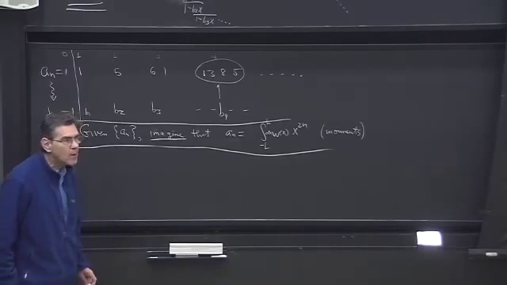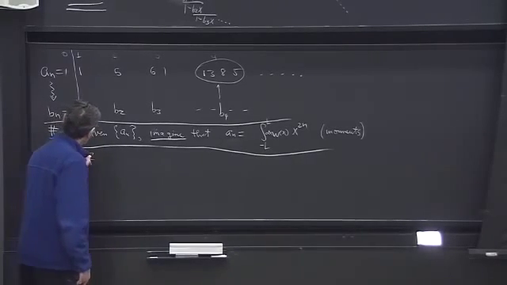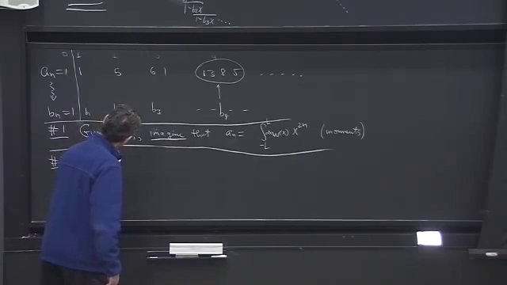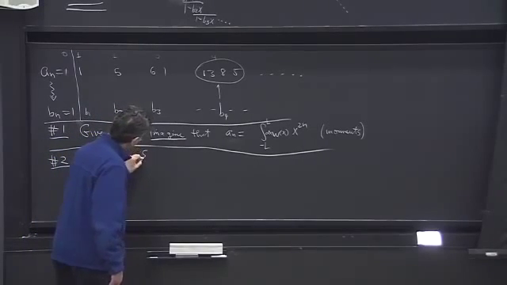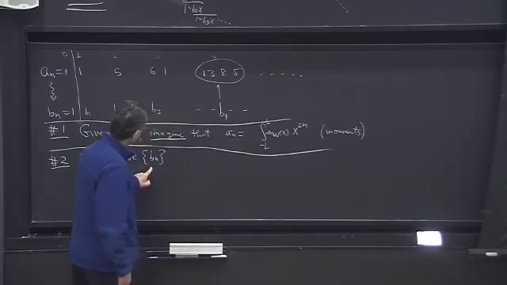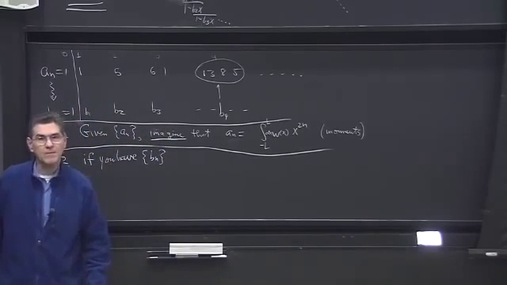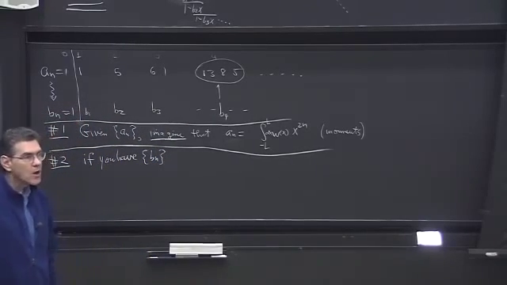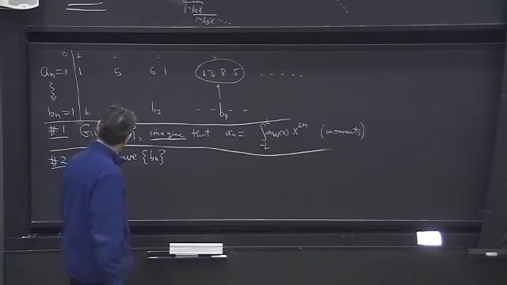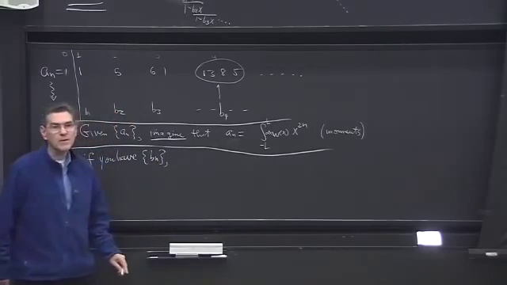Suppose you have a bunch of numbers called b sub n. What could you do with the numbers b sub n?